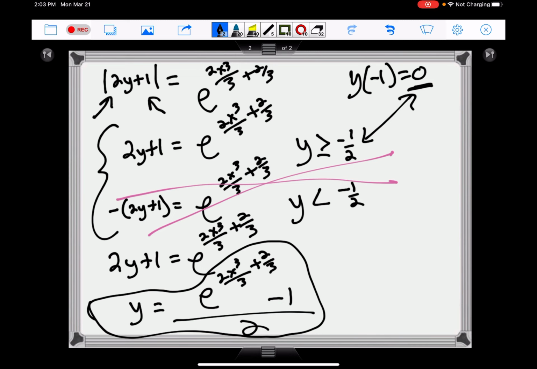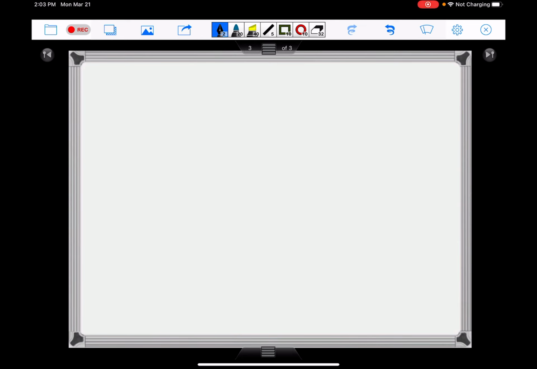Okay, this one I got from an AP question. So I'm going to write the year and stuff there so you can look it up later if you want. It's AB 2005, number 6. We don't really have time for the slope field part, so I'm going to write the other part.